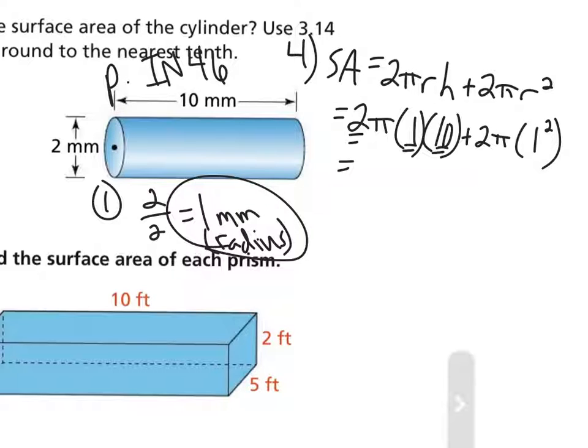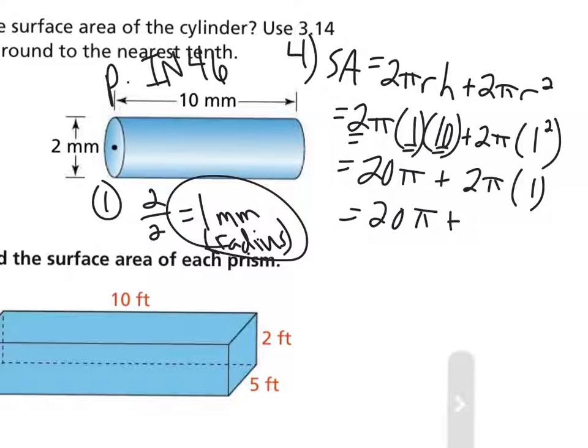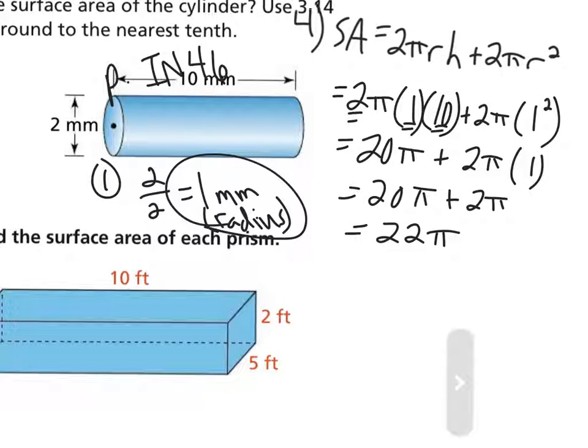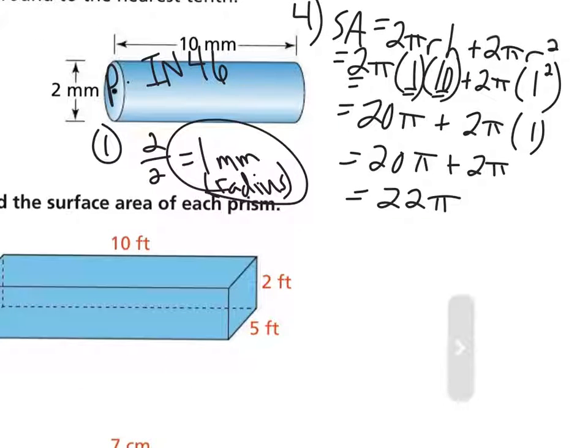So we can go ahead and simplify the first part of this. 2 times 1 times 10, that'd be 20 pi. Second part, 1 squared, 1 times 1 is 1. And then we'd have 20 pi plus 2 pi, which is 22 pi. That has saved me from having to write down as much and from dealing with decimals.